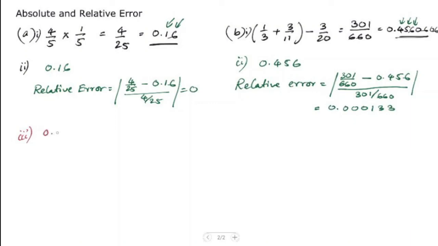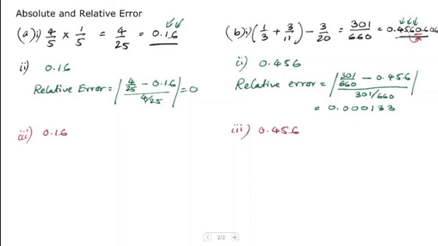So we have here 0.16, and for the second one here we have to take 3 digits and then we have to round. So we check the next number here, and the next number is less than 5. So in that case we don't change the 6 here, we keep it as it is. So we'll have the number 0.456.